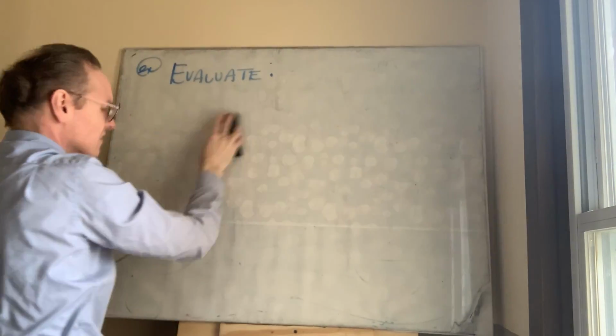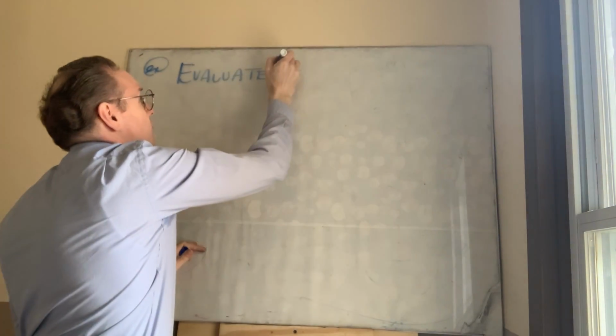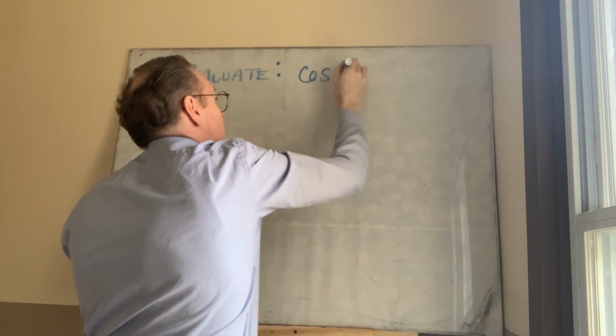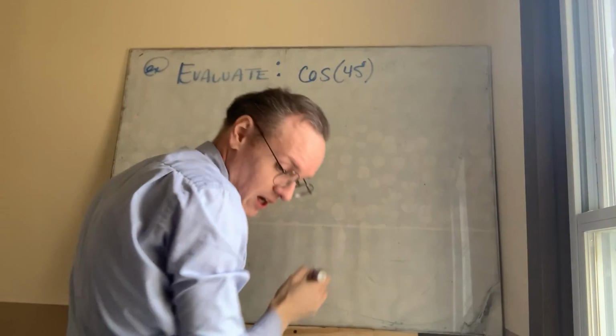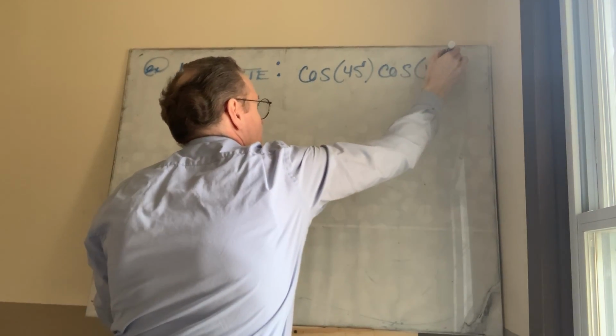So in this case, suppose you were to evaluate the cosine of 45 degrees times the cosine of 15 degrees.